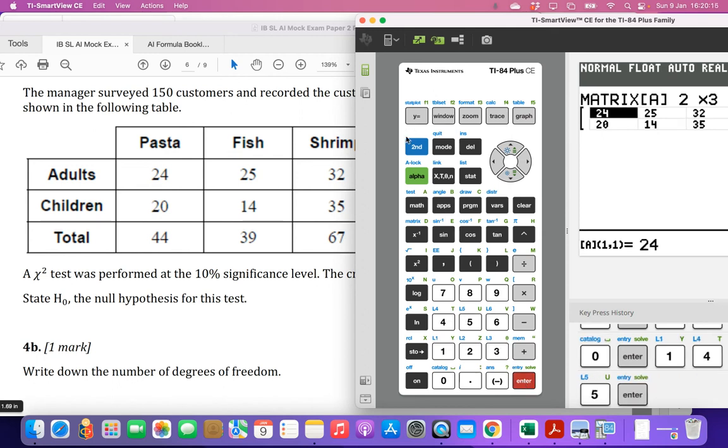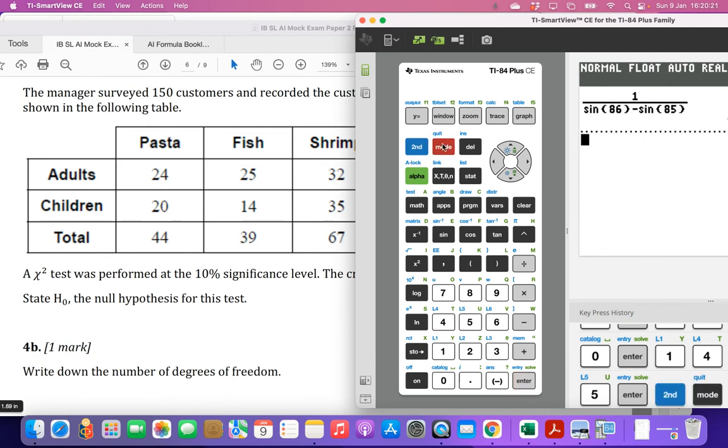Okay, so that's my matrix done. I'm going to go out of this again. I don't like to stay there. And I'm going to look at the chi-squared test for independence.